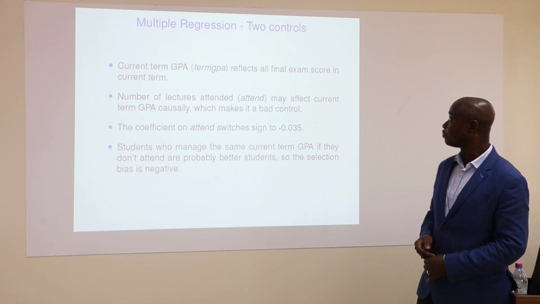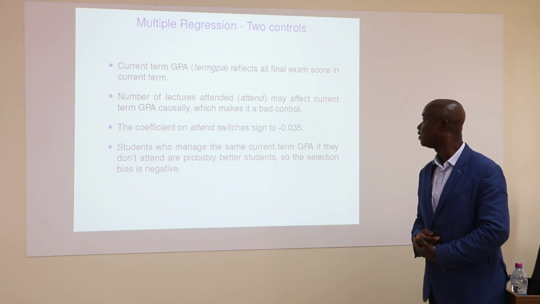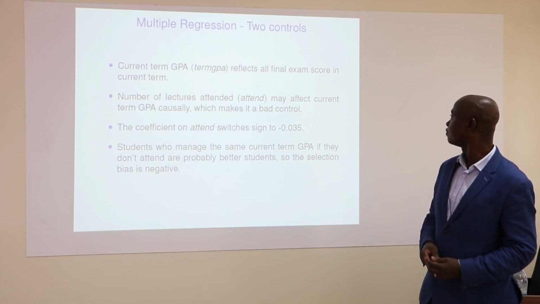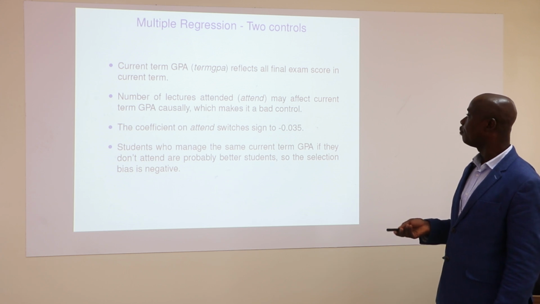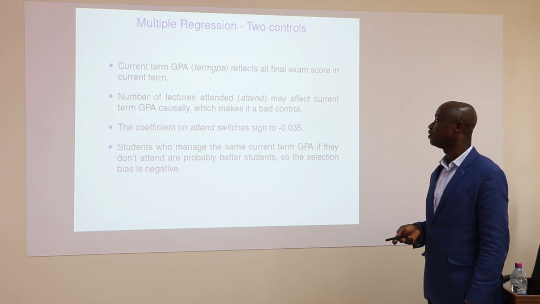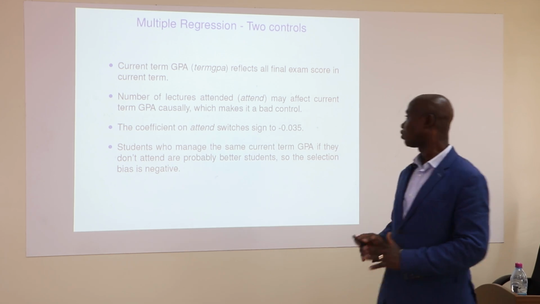Now we can look at multiple regression using the controls. We have current term GPA, which gives an idea of overall exam performance in the current term. Now we know that the number of lectures attended can influence the current term GPA causally, which makes current term GPA a bad control.